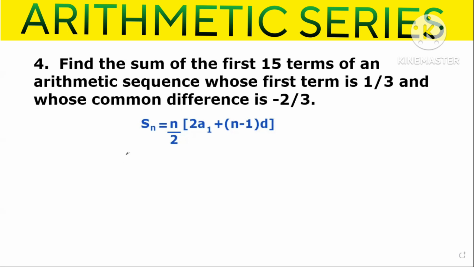So since we are looking for the first 15 terms, then s sub 15 is equal to 15 over 2 times 2 times the first term, which is 1/3, plus n minus 1 times d.